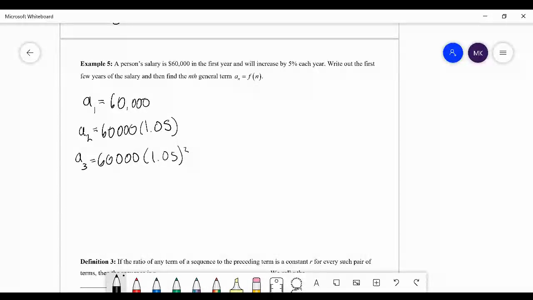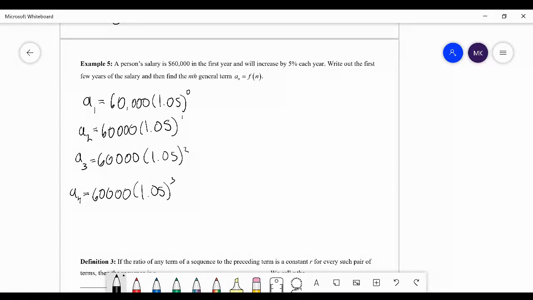Okay, let's do one more. A sub 4, 60,000 times 1.05 cubed. And I could put a little 1 here, and I could even write 1.05 to the 0.